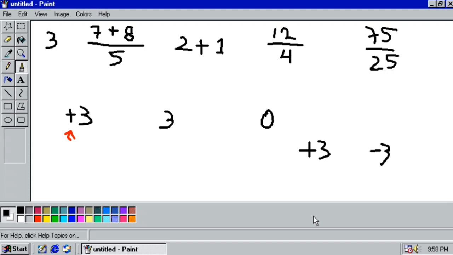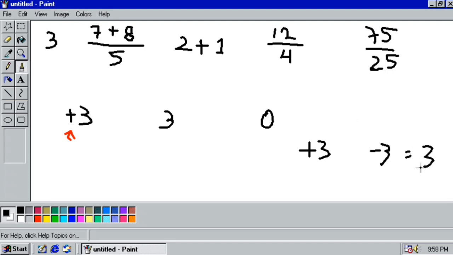Some explain absolute values by saying that all non-zero numbers can be paired, each with its opposite, and that the absolute value is the positive member of the pair. Thus, positive 3 and negative 3 are a pair of opposites and both have an absolute value of 3.